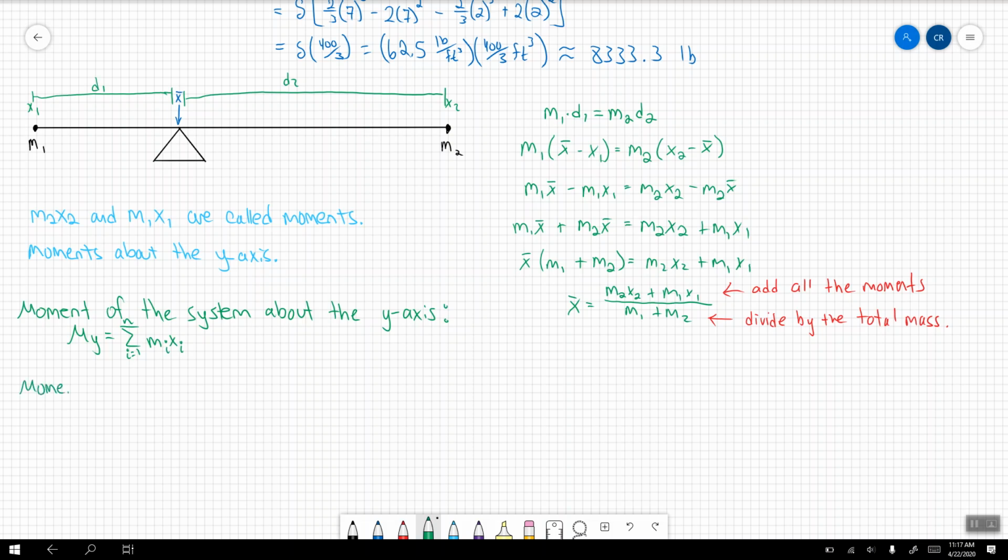We're also going to be looking at the moment. Wow, I can't spell today. Moment, there we go, of the system about the x-axis. Now, this is more for a two-dimensional aspect, right? Now, if we're talking about the moment of systems about the x-axis, now we got to figure out how far are these points.